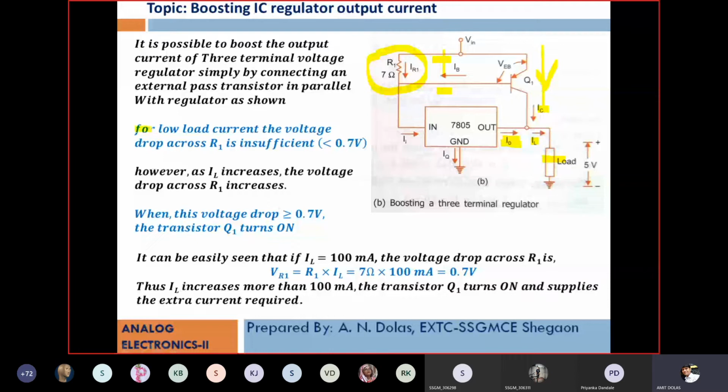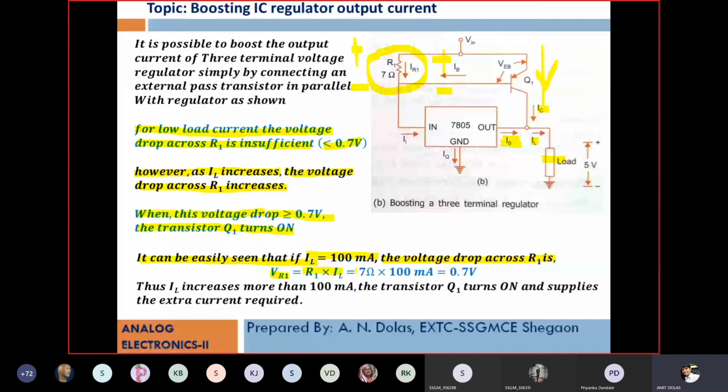For load current, as long as the current is low, the drop across R1 is insufficient, that is, less than 0.7. However, as the load current increases or the load demands more current, the voltage drop across resistance R1 increases. When this drop is greater than or equal to 0.7 volt, the transistor Q1 turns on. It can be easily seen that if IL is 100 milliampere only, the voltage drop across resistance R1 will be VR1 equal to resistance times current.